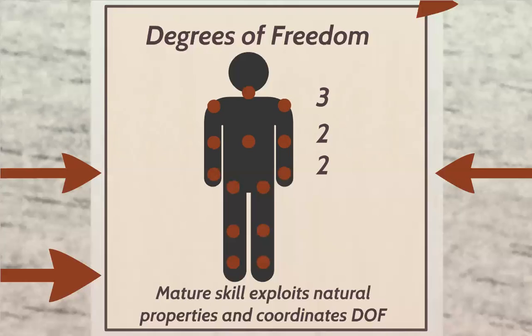So we're using our whole body. We've opened up all the degrees of freedom in the mature form, and you're going to see that in every type of skill, that it's really stiff because they're limiting degrees of freedom in early development, and more mobile, releasing degrees of freedom as they develop mature form.